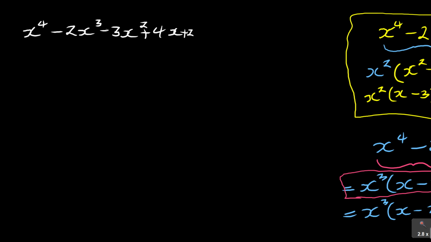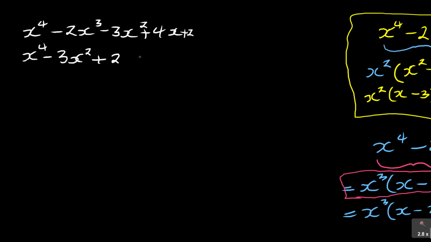Can you reshuffle? We can maybe reshuffle. Okay, x to the power of 4, and then minus 3x squared, and then after that there is a 2, plus 2, because that can work.